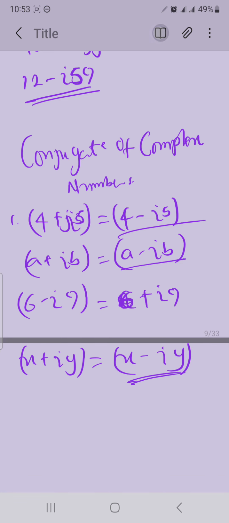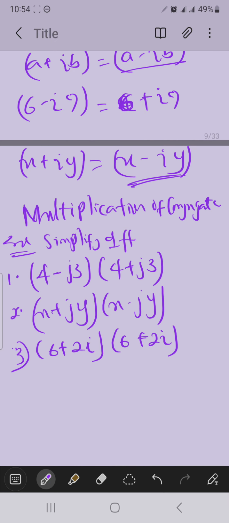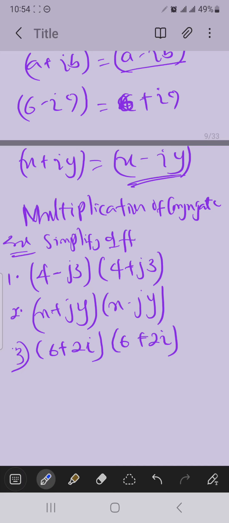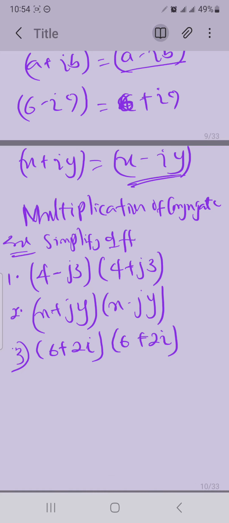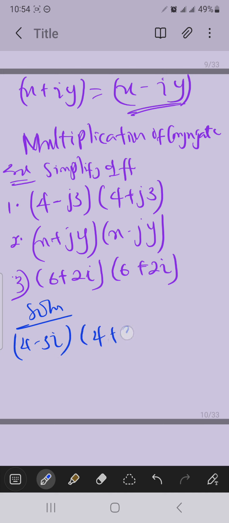Now, we want to do the multiplication of conjugate. Let's say I want to multiply this conjugate. This is the first number. For example, I have 4 minus 3i and 4 plus 3i.